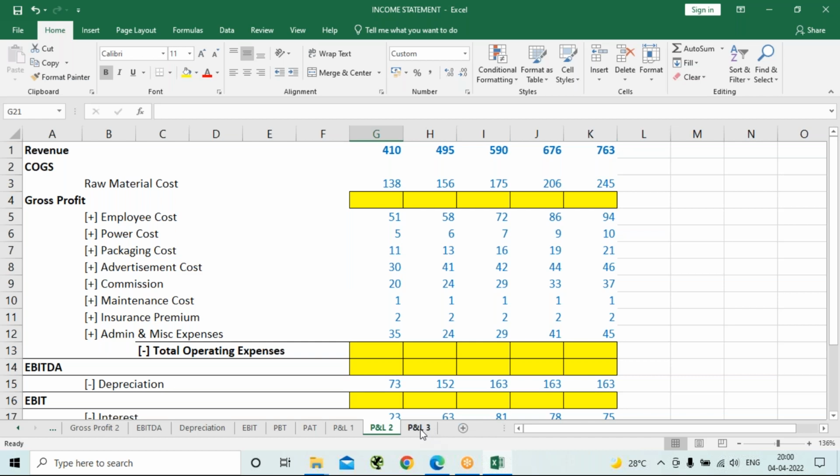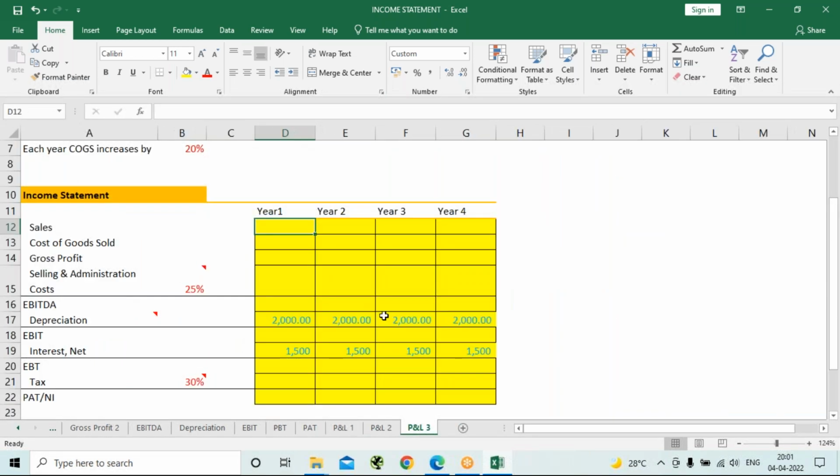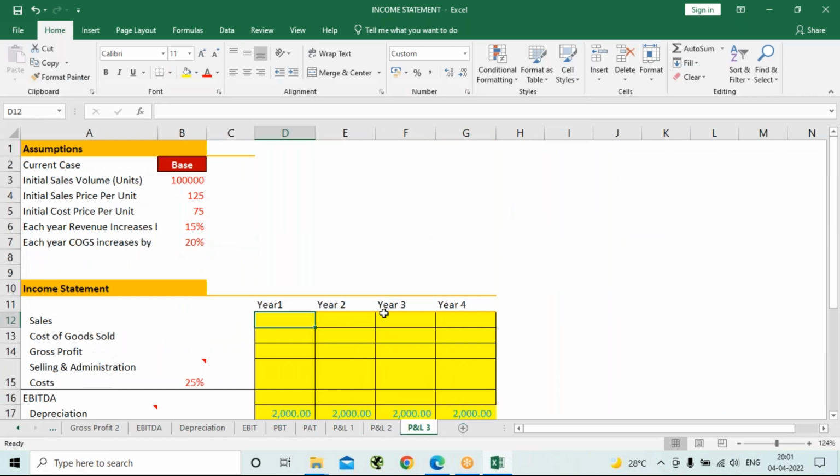Our class starts at 6:30. I expect at least by 5 you will share this sheet. It is very simple, everything is ready. I'll share this sheet itself so that you can make use of it. I'll save it as solved paper.